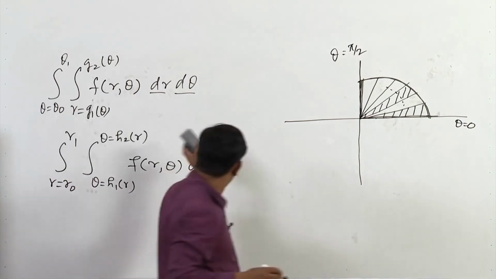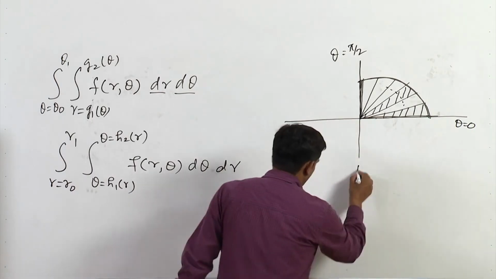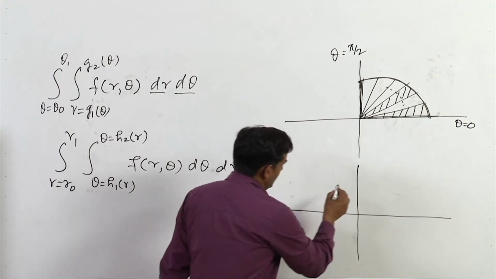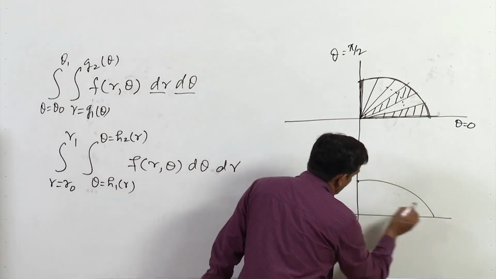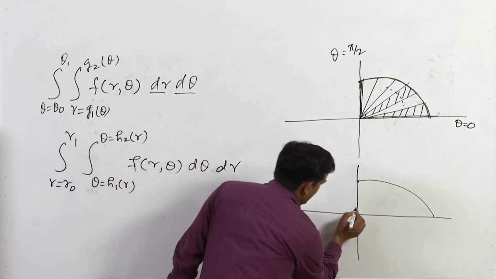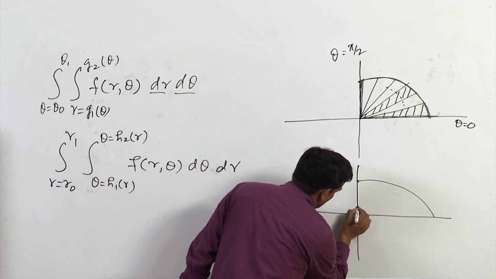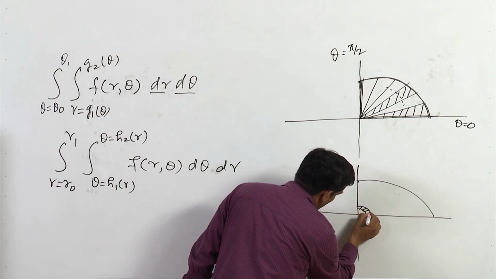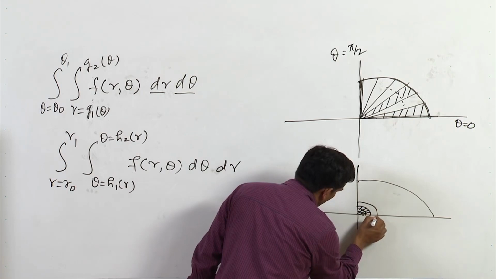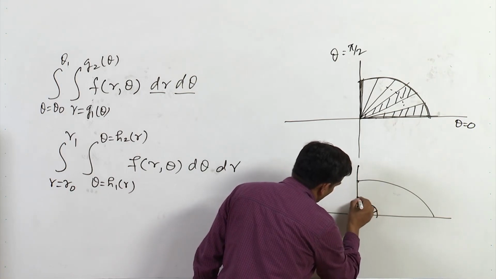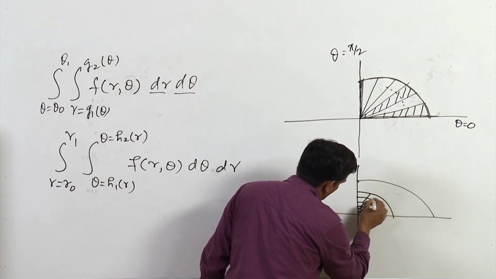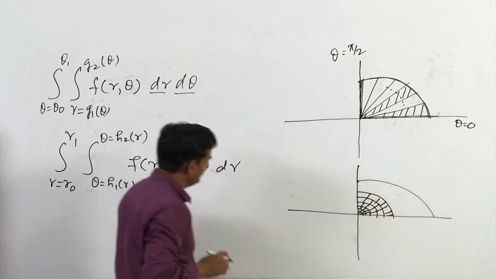So, in this particular case, how will we cover our region? In this case the region will be covered using this circular arc, like this.